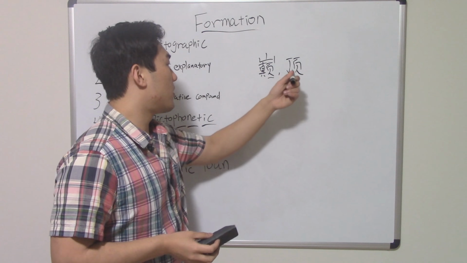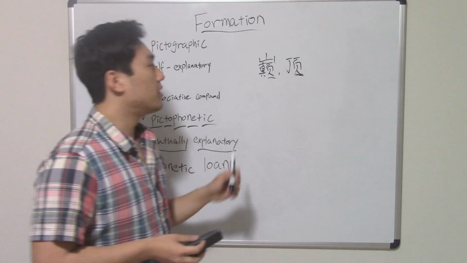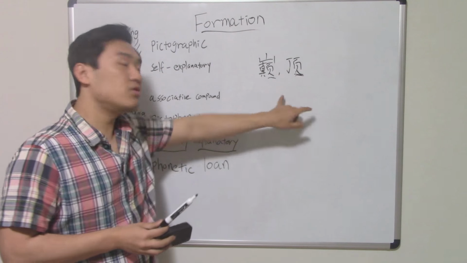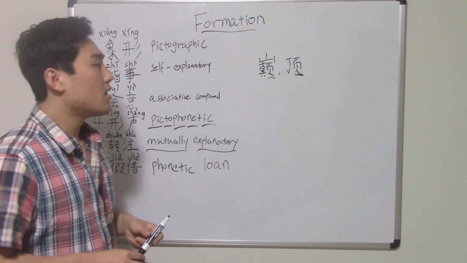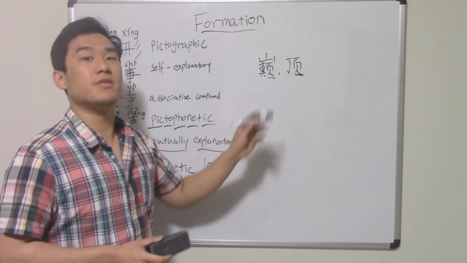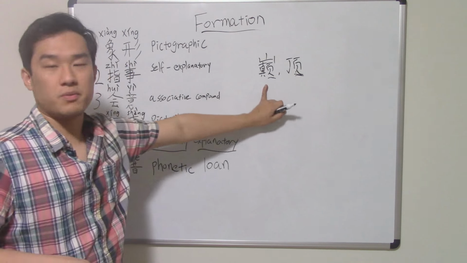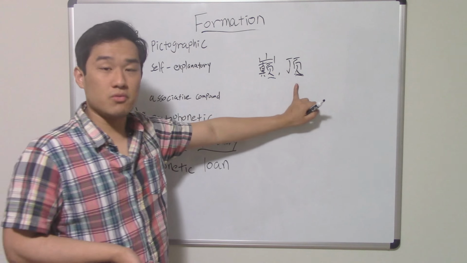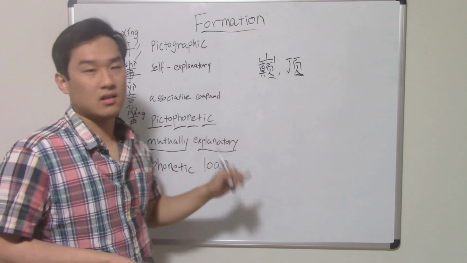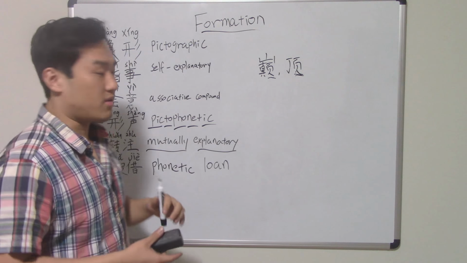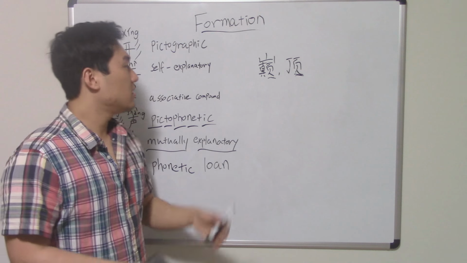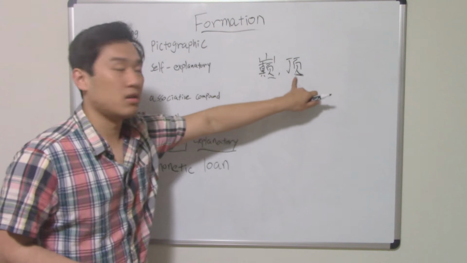These two parts are similar. So these two words are 转注, mutually explanatory. They share the same meaning and a pretty similar sound. This word is pronounced 颠, and this word is 顶. 颠顶. 颠 means on top of something, so that's 顶. They have the same meaning, the same kind of sound, and share similar parts as well.